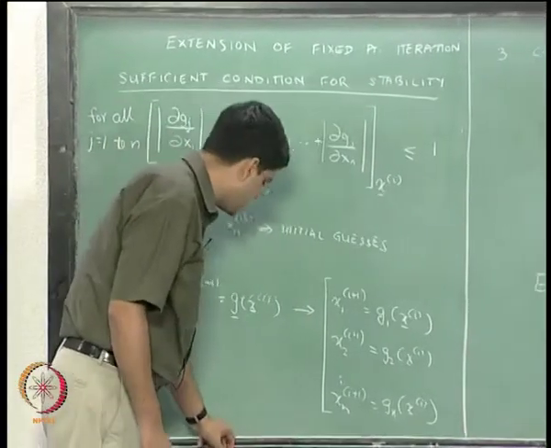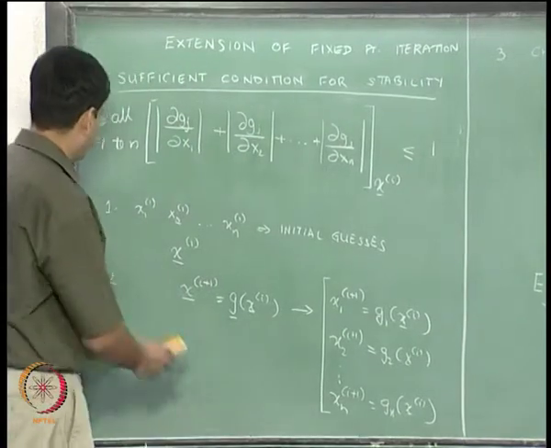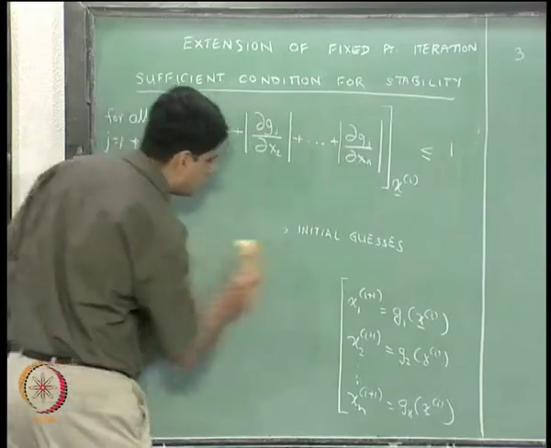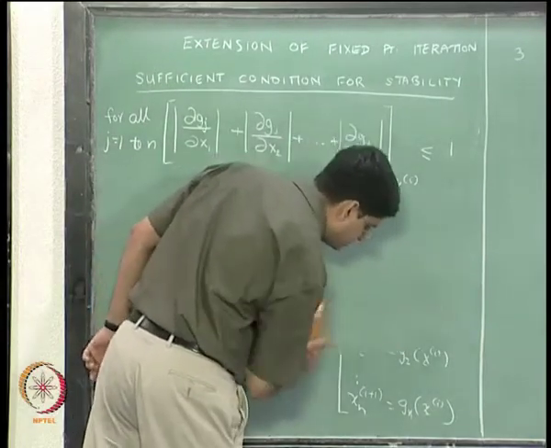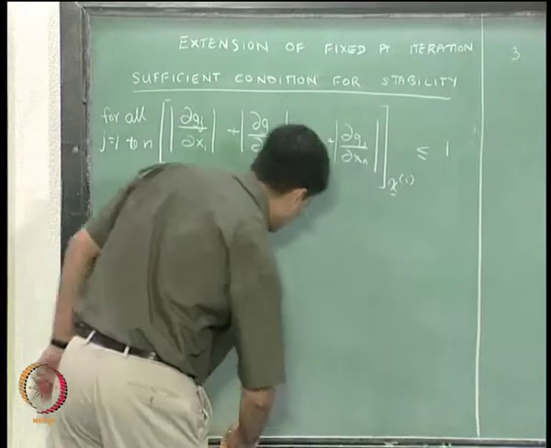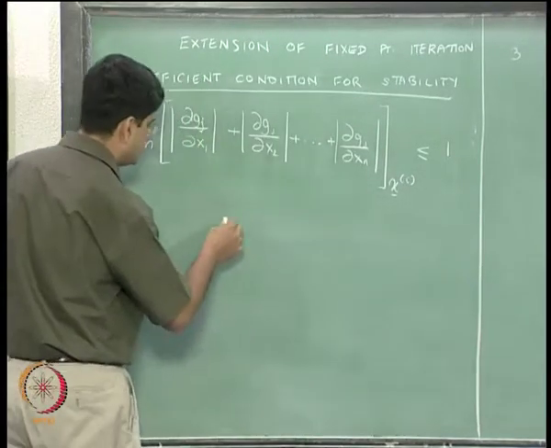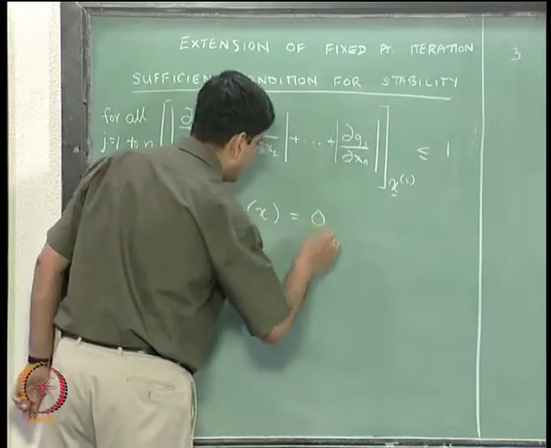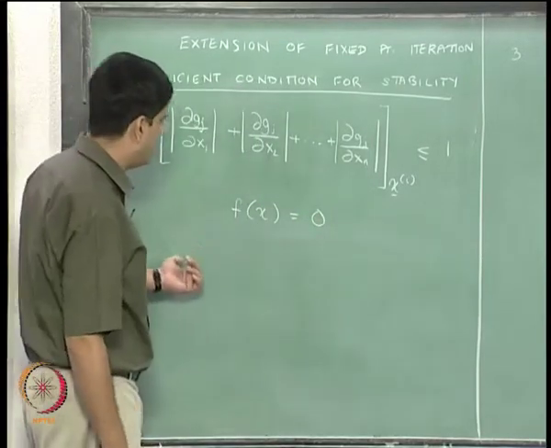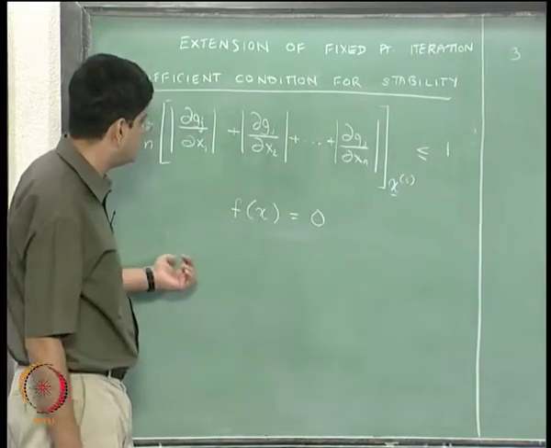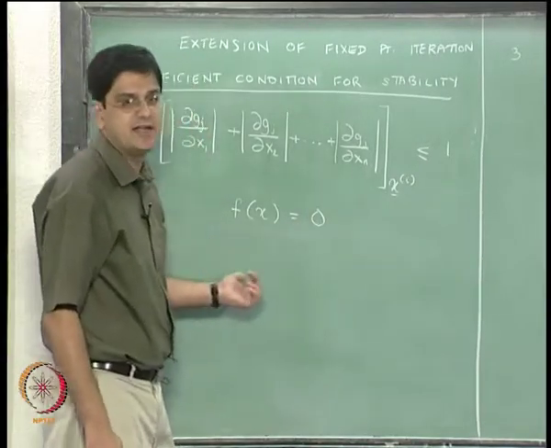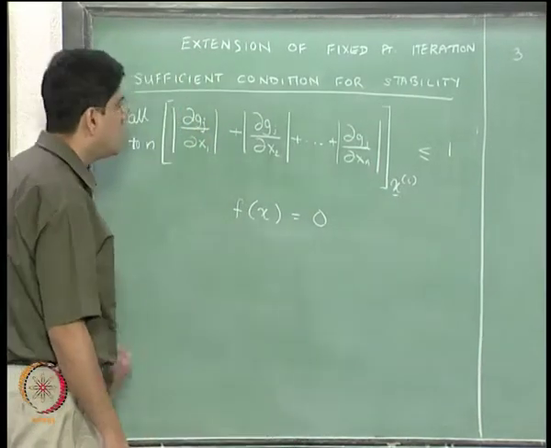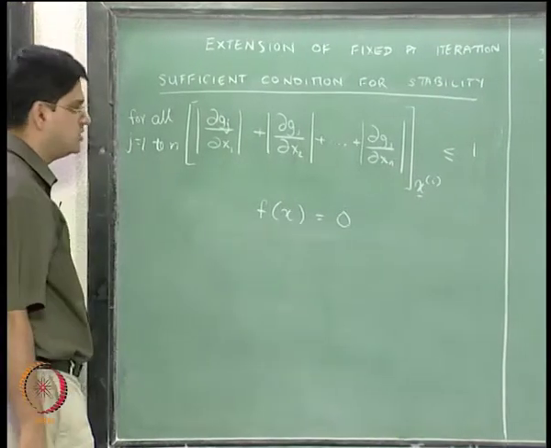One of the things that we had done earlier in order to convert a general expression f of x equal to 0 to the form x equal to g of x was to add x bar onto either side of the equation. We can do a slight modification to that.